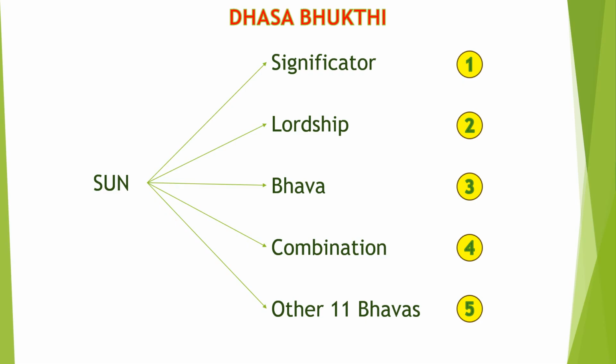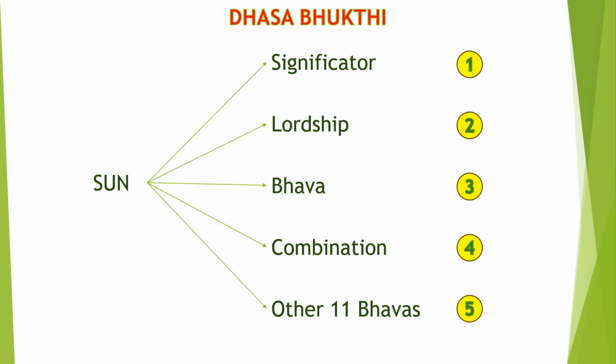It will give good significators to the father and also the native. So here the combination will also decide how the benefit will be, and how much the benefit will be decided based on the percentage of that combination.